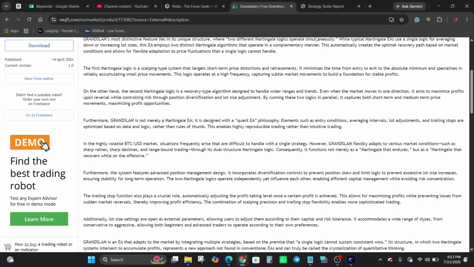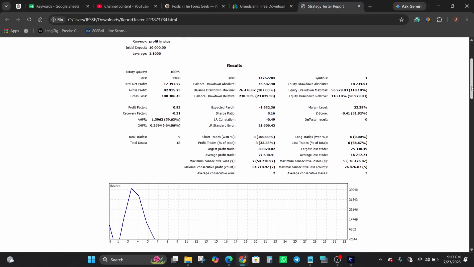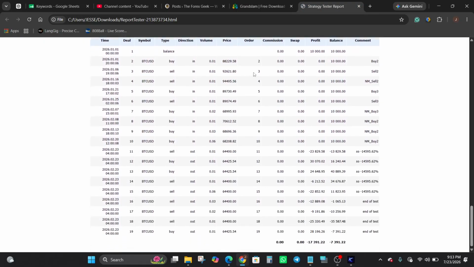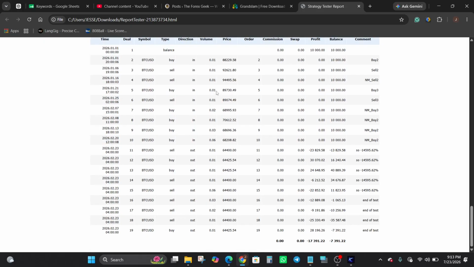All right, if we go to the tester reports, you can see the trade logs, and you will notice that the volume has different position sizes here: 0.01, 0.02, 0.03, 0.06.